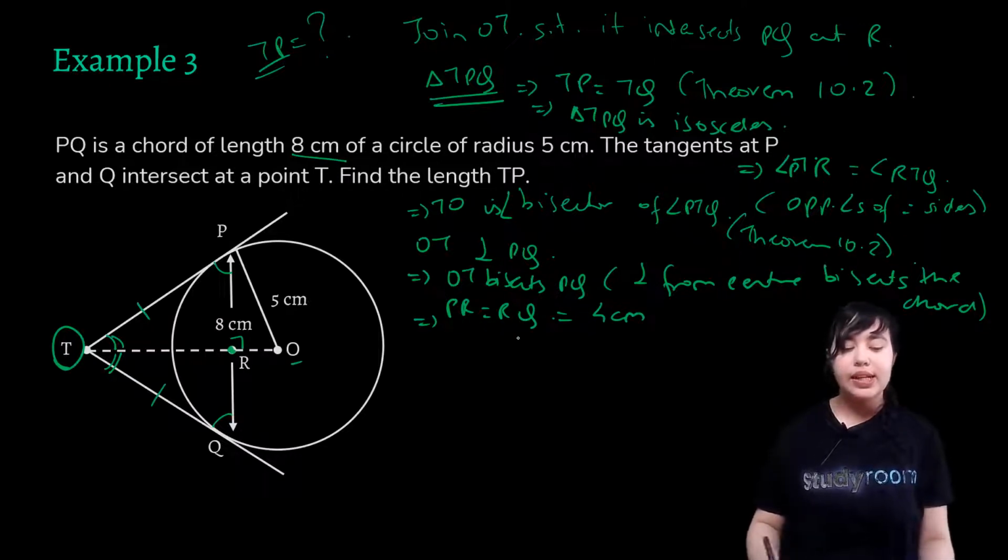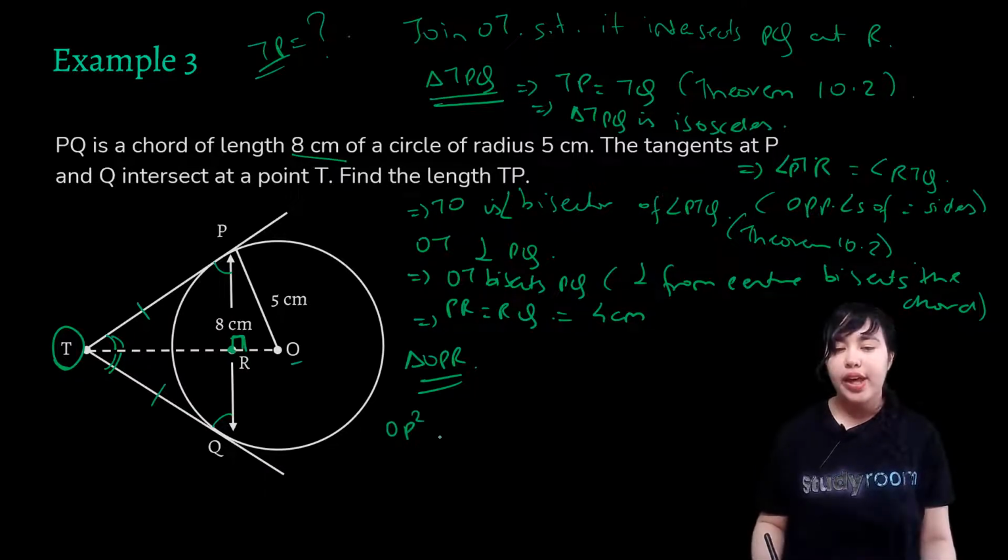Then is it clear? Then you have to consider this triangle over here, OPR. Here you notice that this is a right angle triangle. We've just proven this angle as 90 degrees because OT was perpendicular to PQ. So here what is the hypotenuse? OP.